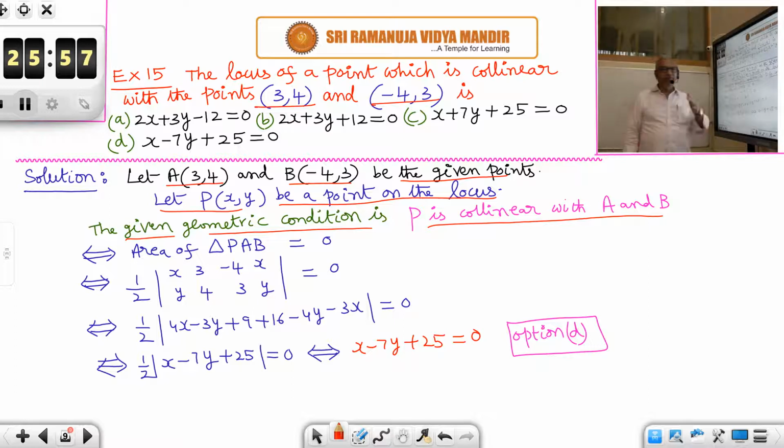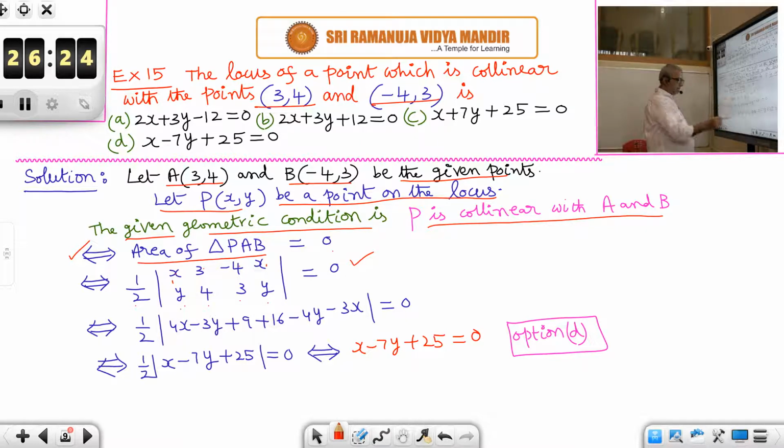So, P is collinear with A and B means what about the area of the triangle PAB? 0. So, P, A, B are collinear if and only if the area of triangle PAB is 0. Area of triangle is half into first point P (x, y), second point A (3, 4), third point B (minus 4, 3), again first point (x, y), all written vertically, equated to 0.